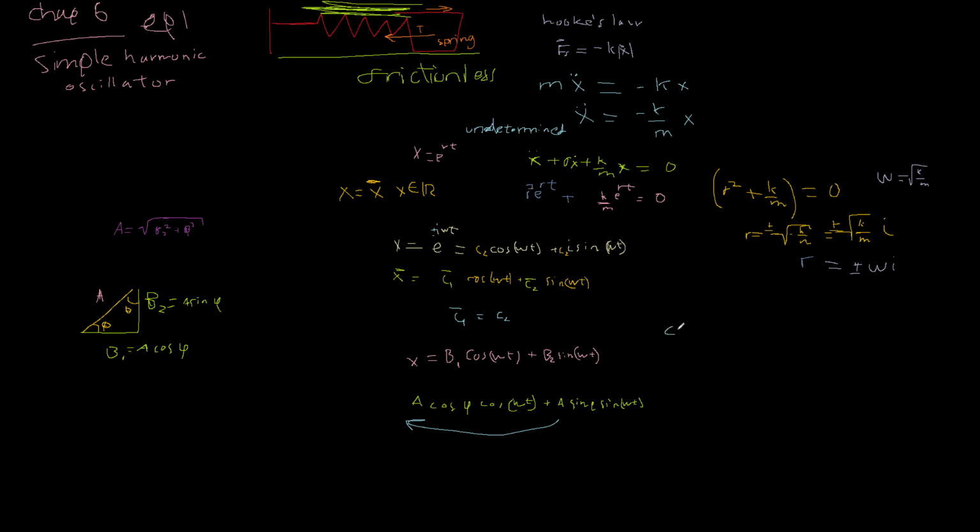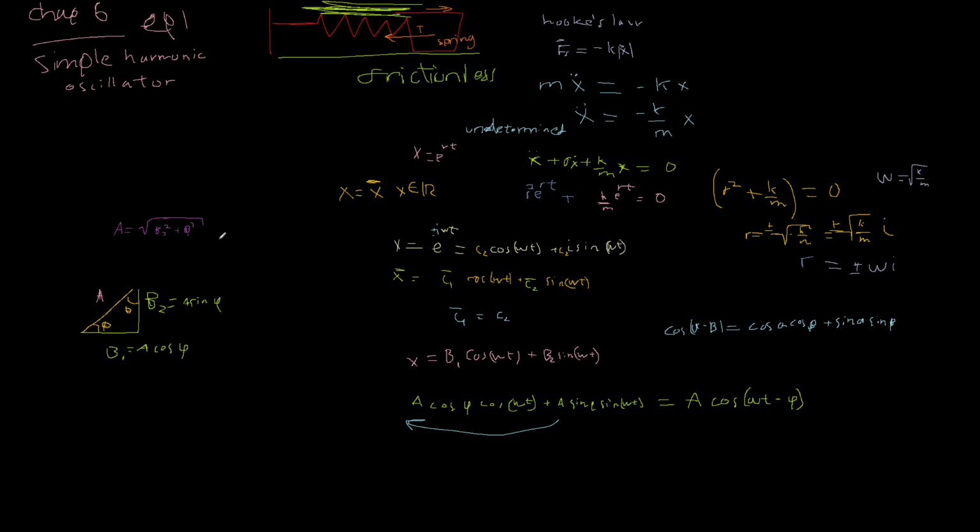And if you remember, cosine of alpha minus beta is equal to cosine alpha cosine beta plus sine alpha sine beta. And so using this identity, it becomes A cosine of omega t minus phi.